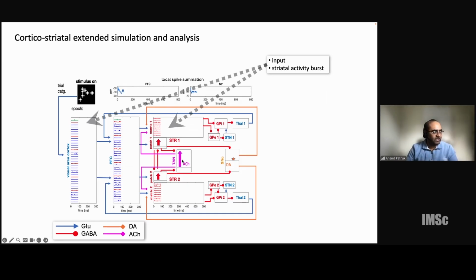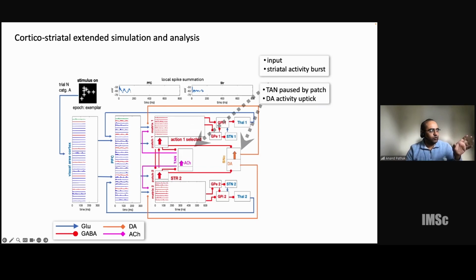And it's observed experimentally that between 100 to 200 milliseconds, there is a suppression of these TAN neurons. This is called TAN pause, and that's caused by another subset of striatal neurons, which is called striosome.